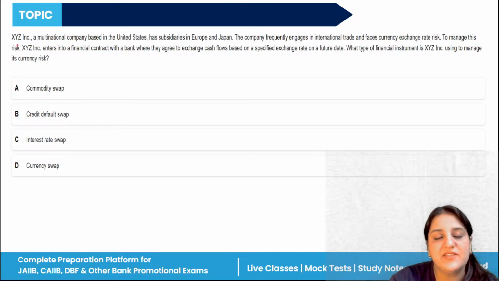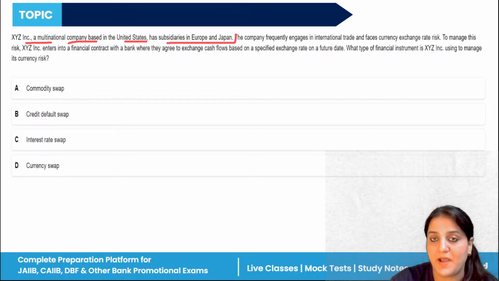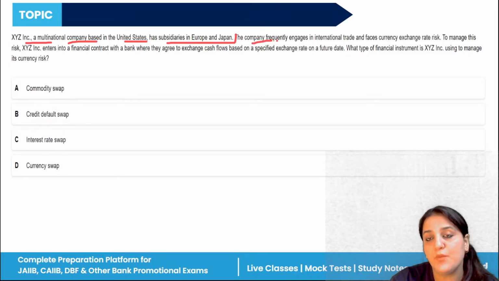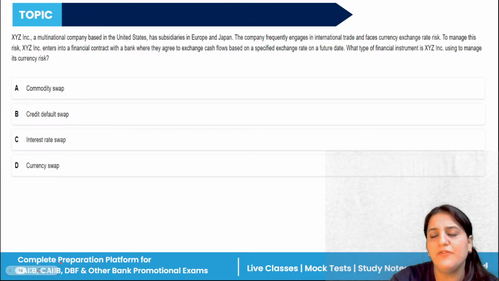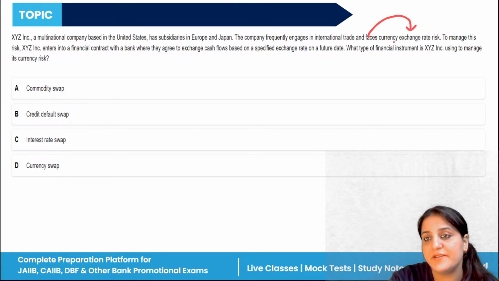Now there is XYZ Limited, a multinational company based in the United States with subsidiaries in Europe and Japan. The company frequently engages in international trade and faces currency exchange rate risk.